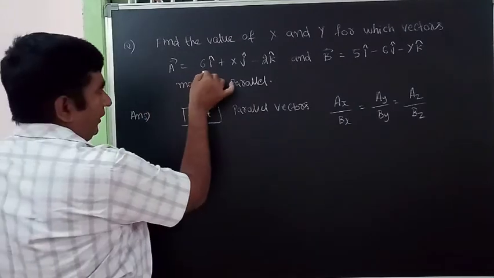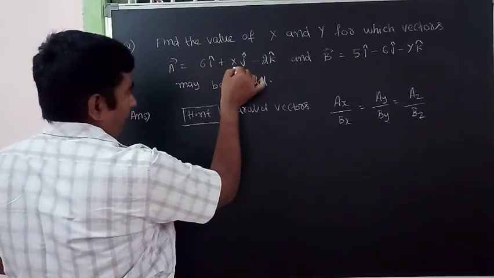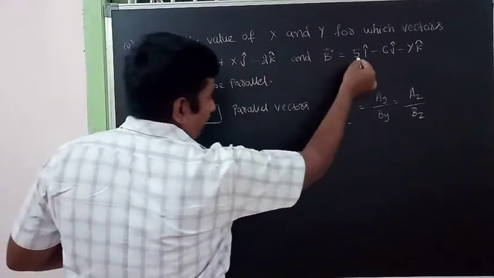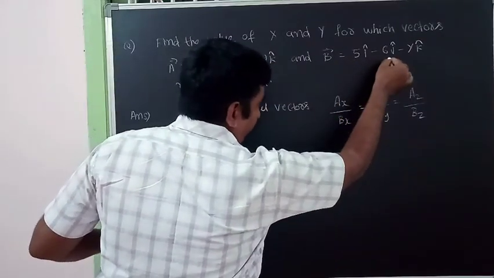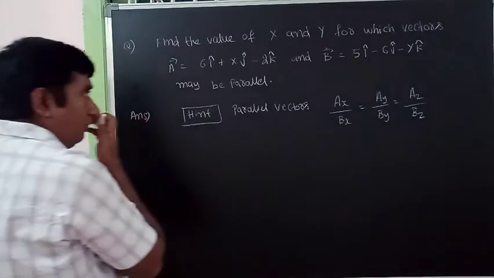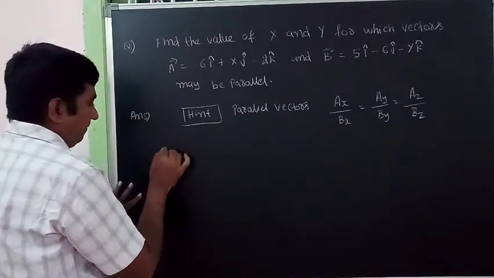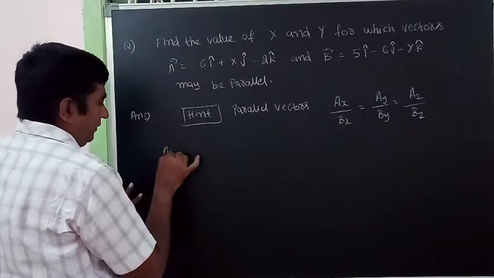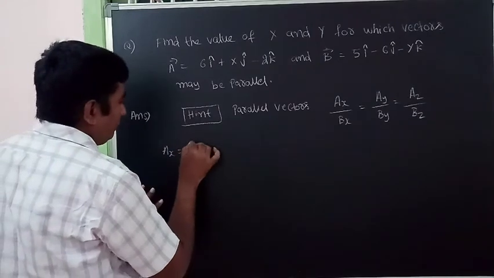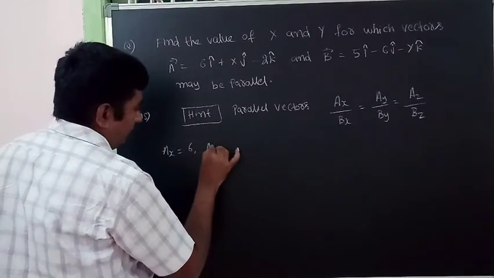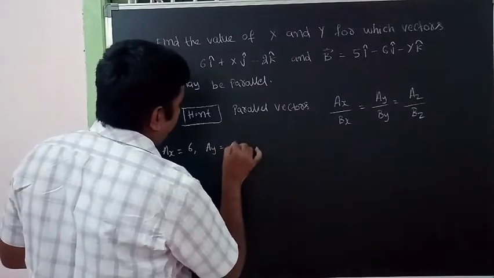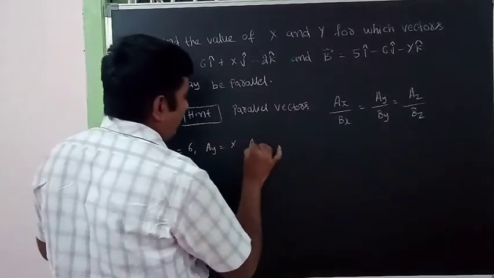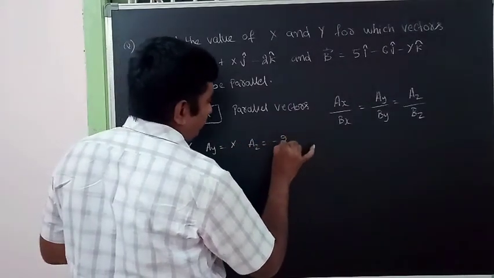This is in the form of ax i cap plus ay j cap plus az k cap, bx i cap, by j cap and then bz k cap. With the help of this, I get ax is equal to 6, ay is equal to x and az is equal to -2.